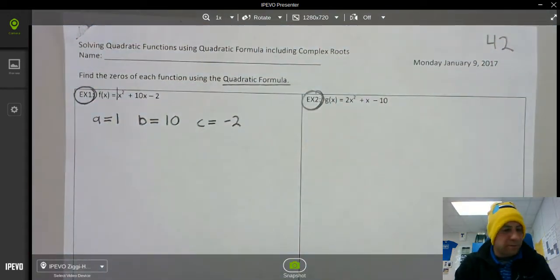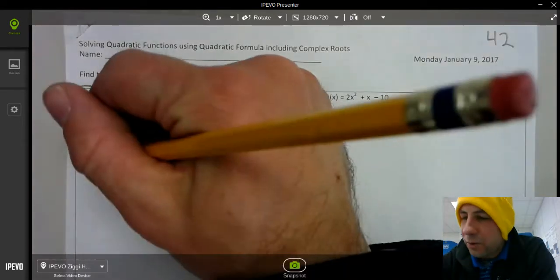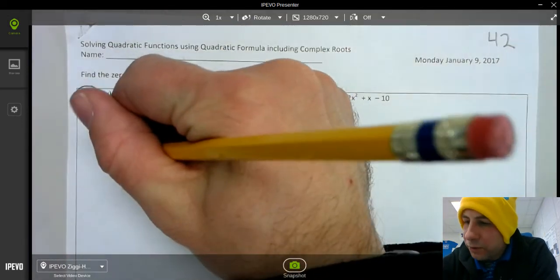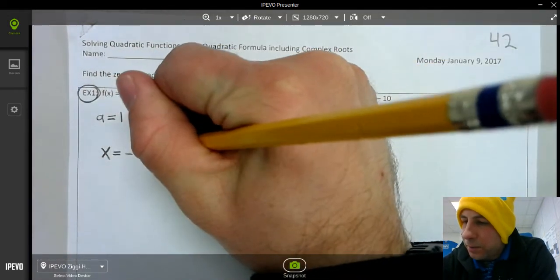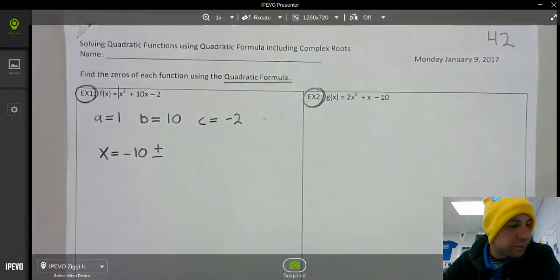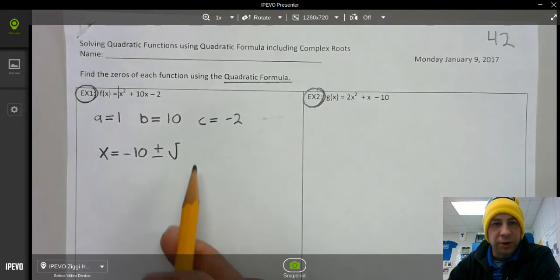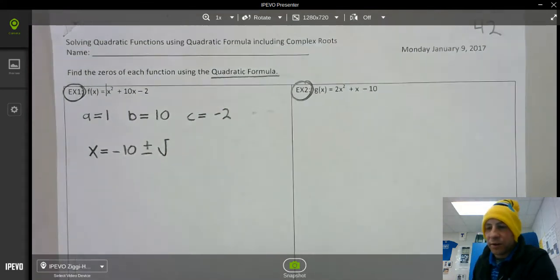Now looking back at my notes at the quadratic formula, we just basically plug those numbers in. So x equals negative b, so negative 10, plus or minus the square root, and let me get a ruler so I can draw that little square root straight.